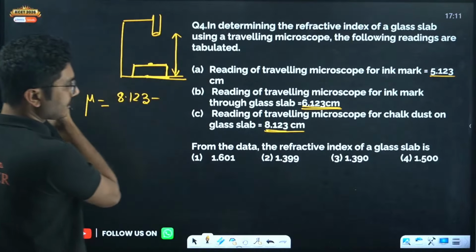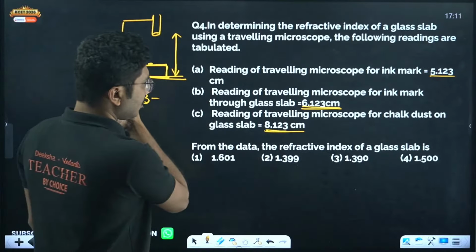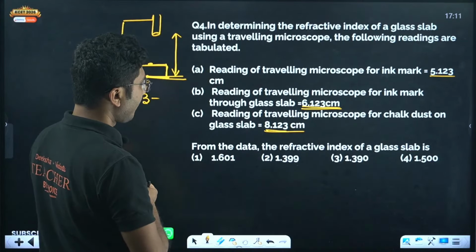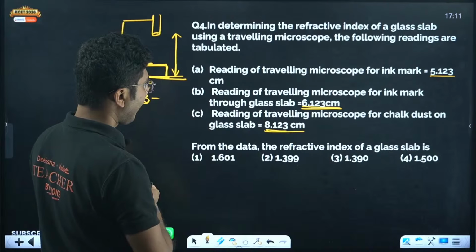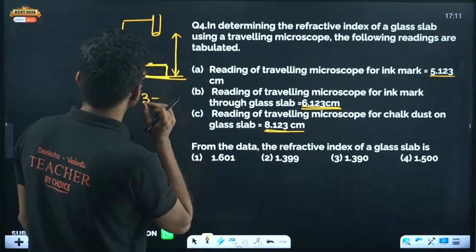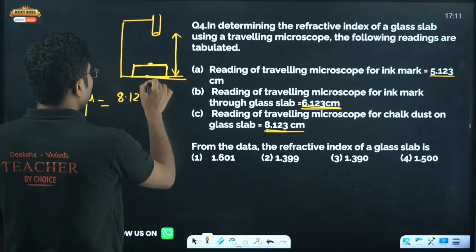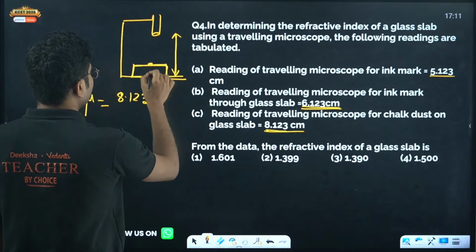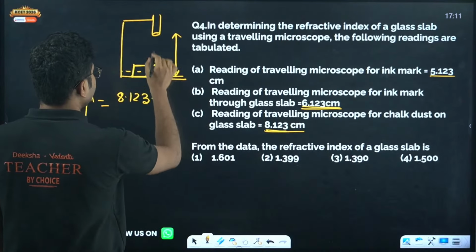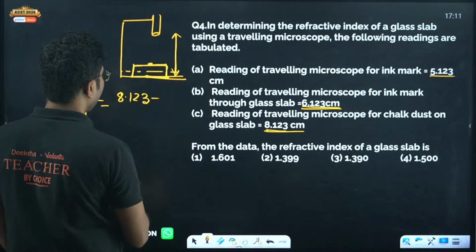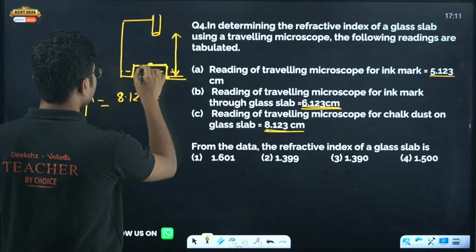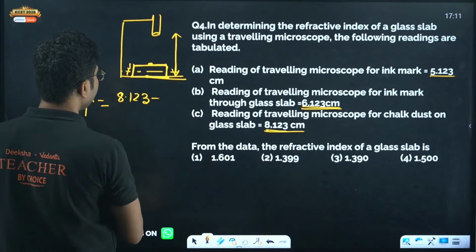So this is 1 centimeter and thickness of the slab is 3 centimeter.